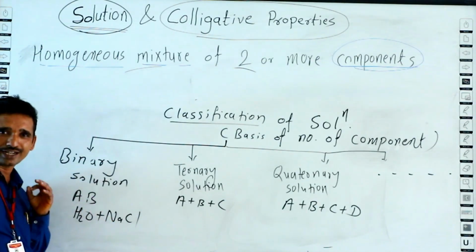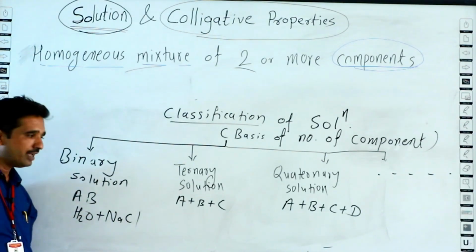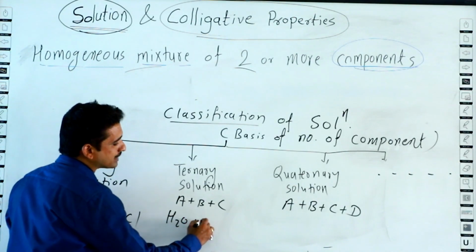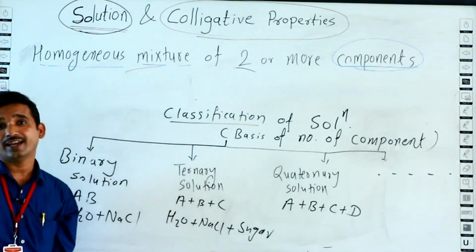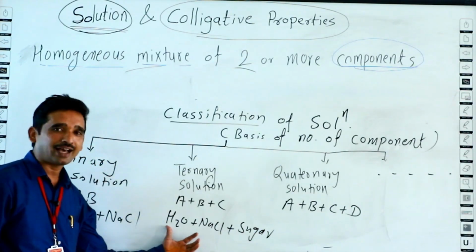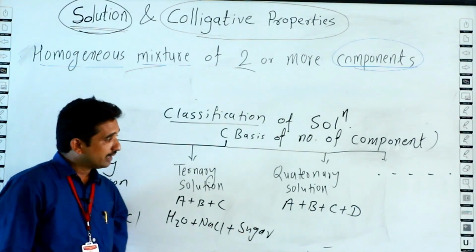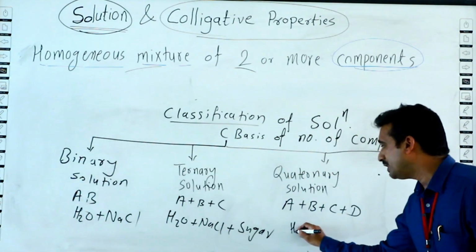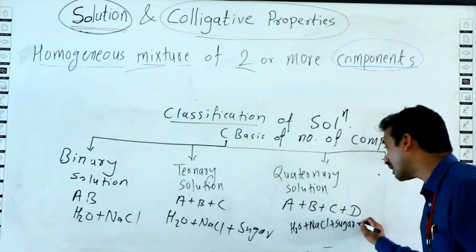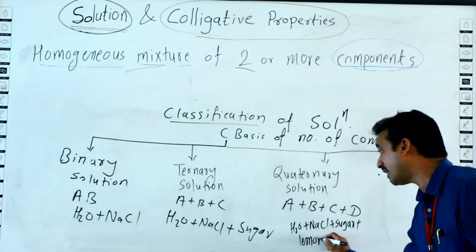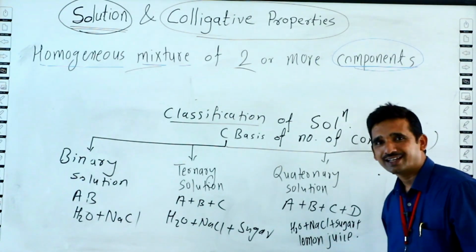This binary solution contains two components, which is water and NaCl. इसी वाटर प्लस NaCl में अगर शुगर मिलाई जाए तो मिलेगा वाटर प्लस NaCl प्लस शुगर. Then if we add H2O plus NaCl plus sugar plus lemon juice, daily example.